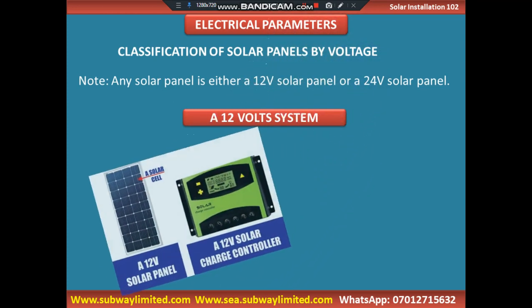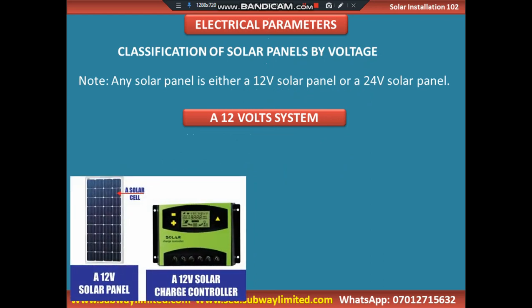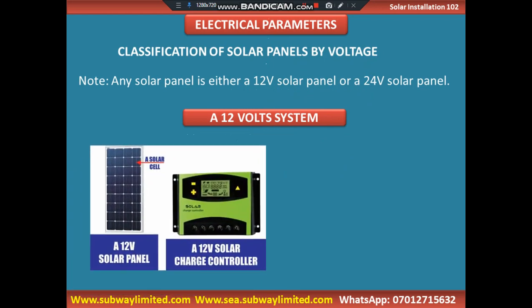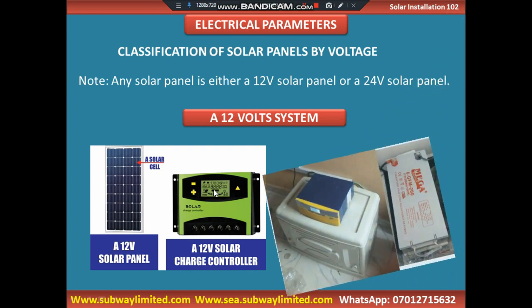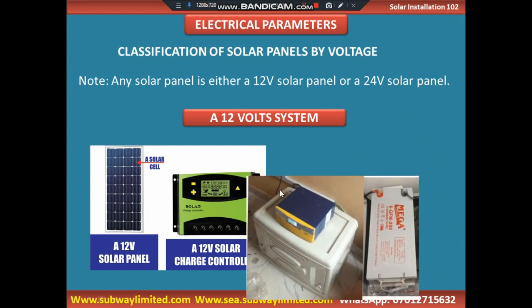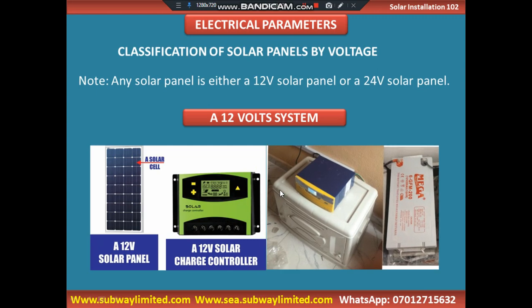If you take a closer look at this picture before you, you will see this solar panel here, and you see this charge controller before you. If you take a closer look at this other picture that I have projected here, you see this inverter and you see this battery.